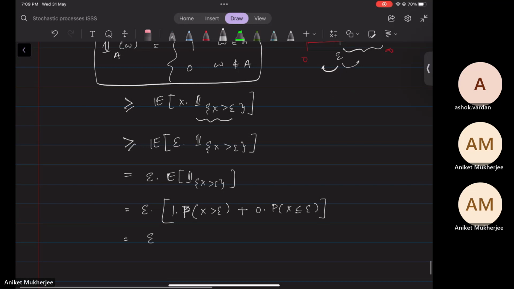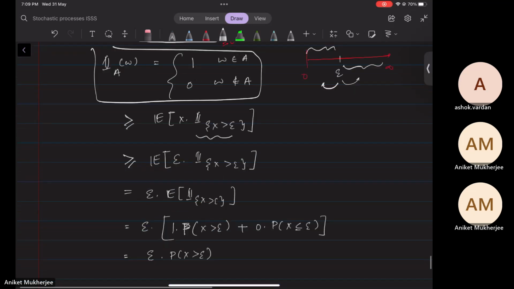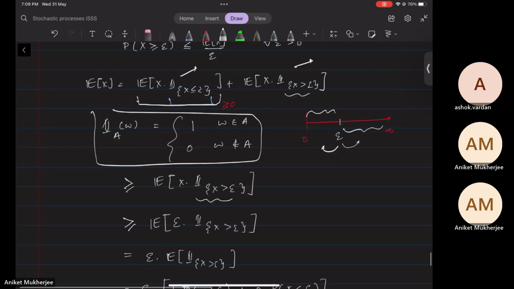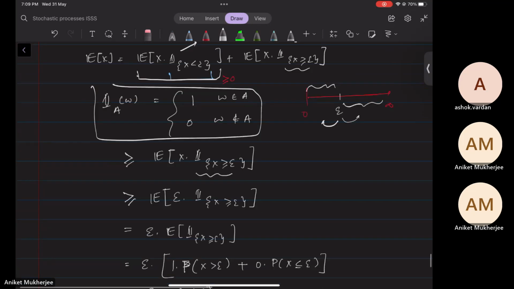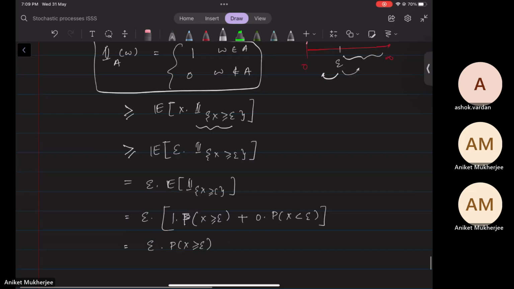This is equal to epsilon into probability that x is greater than epsilon. Maybe here I've written this wrong, this is x. It's a minor mistake. It should be x greater than or equal to epsilon.